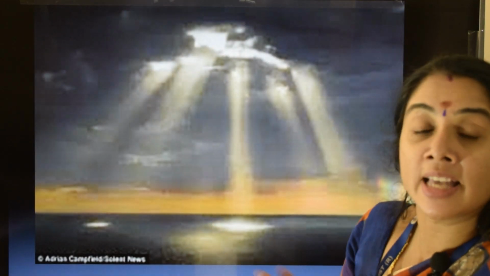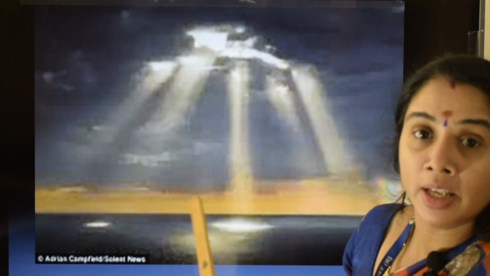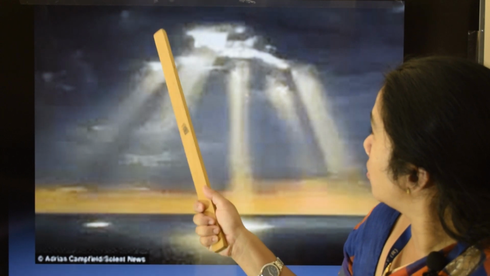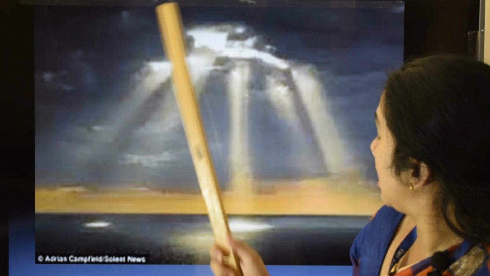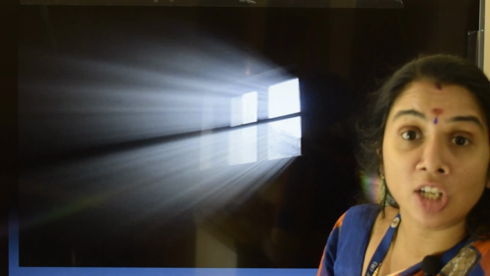Here is another example, also seen in nature. This is near the sea level. Because of the clouds, the sun rays are trying to enter and you can see the path of light. Now see the third example. This is pictured in a dark room, where there is a glass window and the sun rays are entering through it.